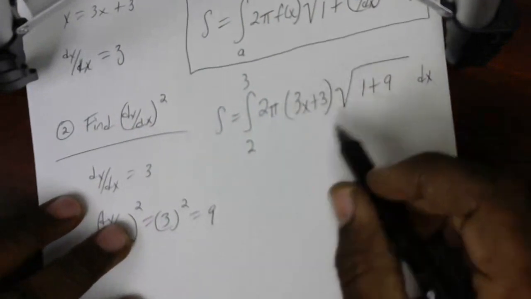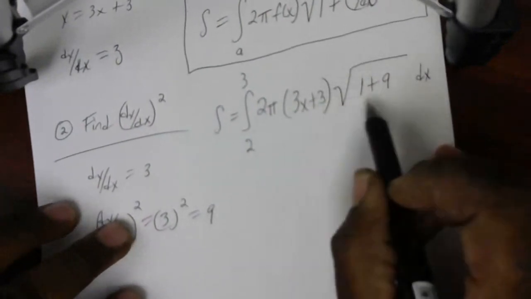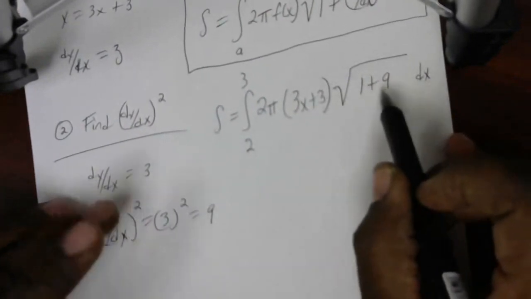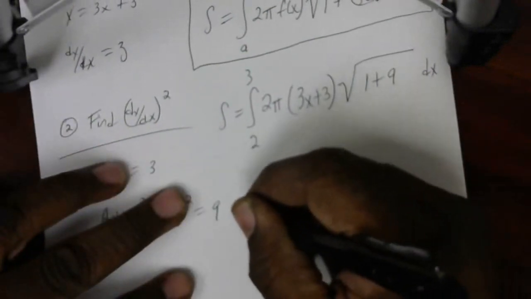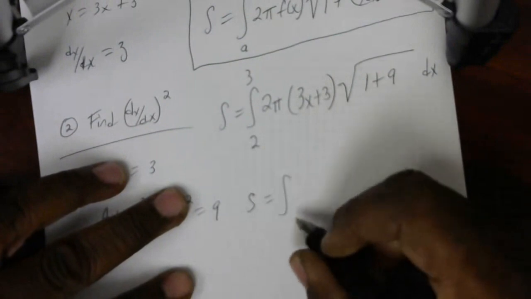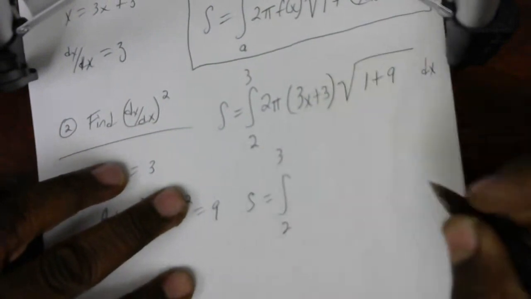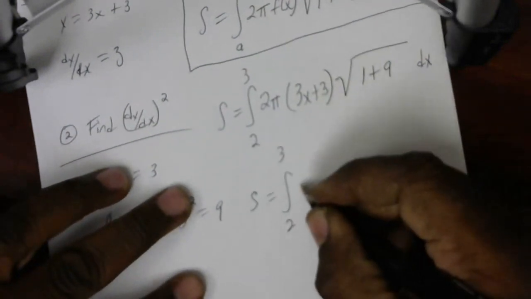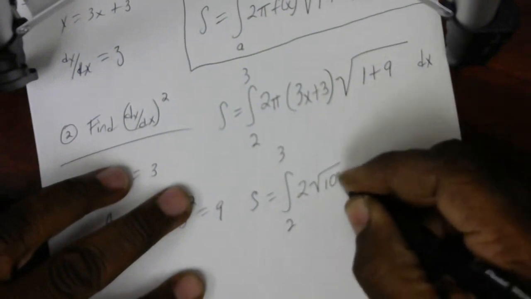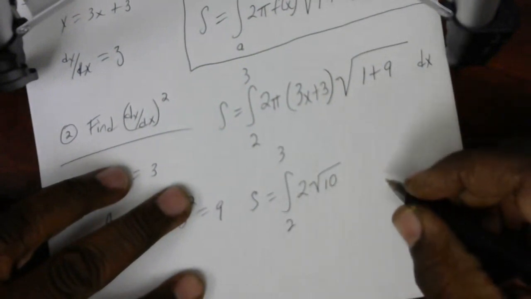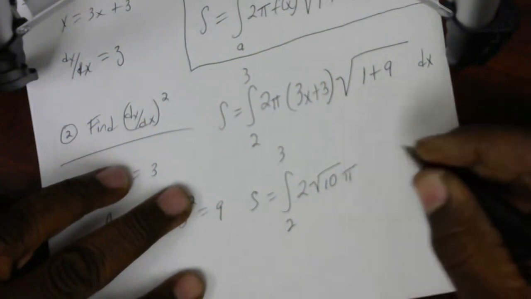All right, so this is what we're actually going to put into the calculator. So I'll simplify this just slightly. I'll just add the 1 and the 9. So we have S is equal to the integral from 2 to 3 for 2 times the square root of 10 times pi.